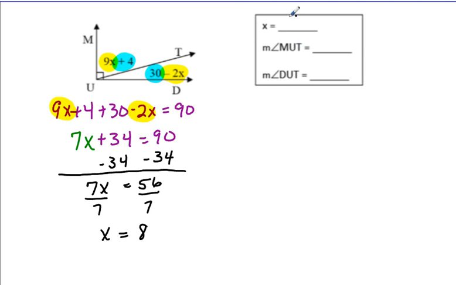So x is equal to 8. Now that we know what x is equal to, we can substitute it back into the angle and find how many degrees the angle is.